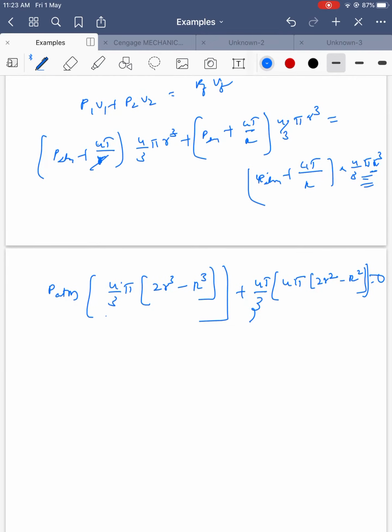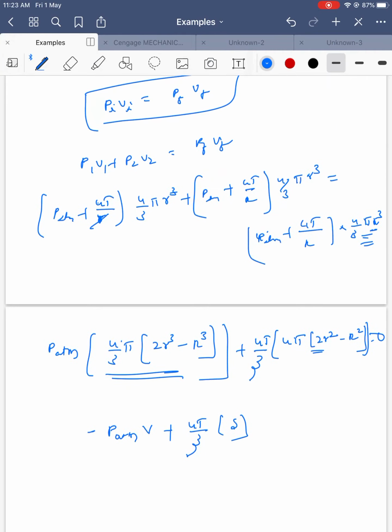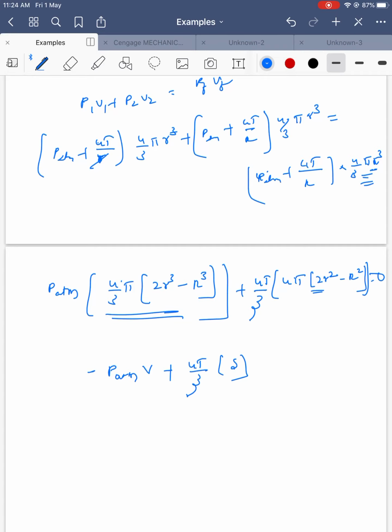P atmosphere, this is nothing but V. If we see carefully, this is the volume change: P atmosphere into V plus 4T by 3 into 4 pi R square change, which is nothing but S, with a minus sign because it is final minus initial, is equal to 0.